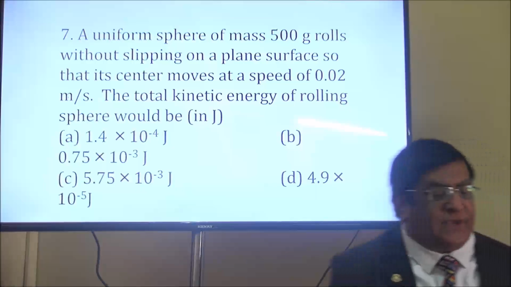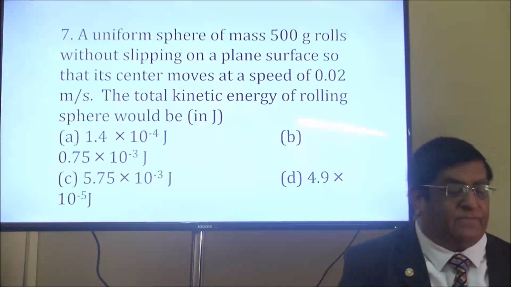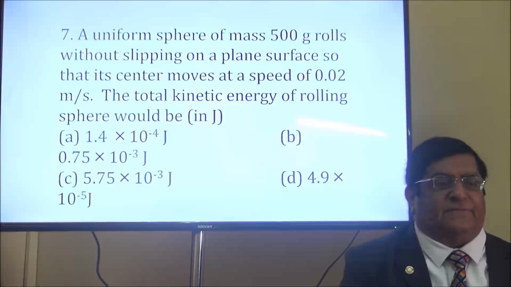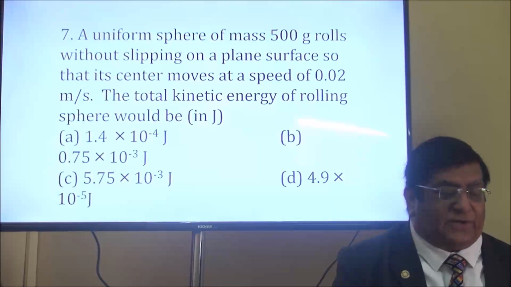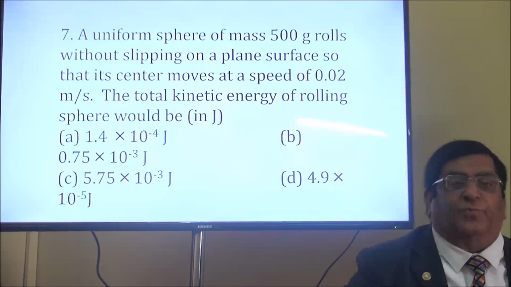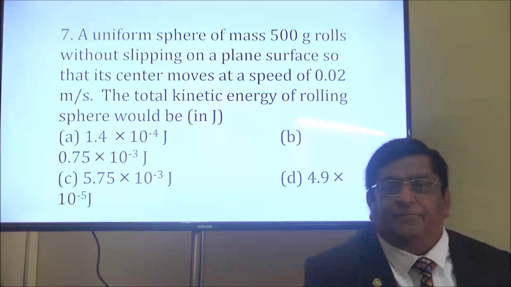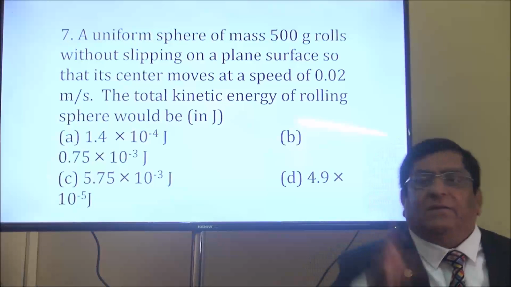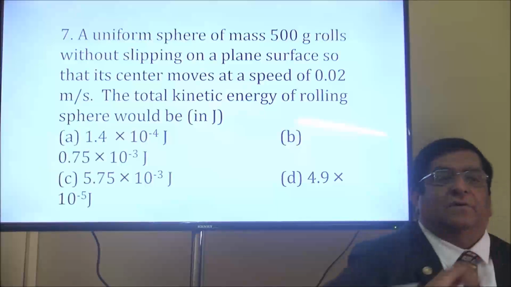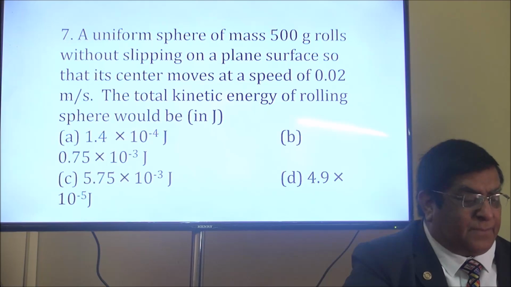A uniform sphere of mass 500 gram rolled without slipping on a plane surface. On a plane surface, not inclined. Okay, so that its center moves at a speed of 0.02 meter per second. What type of motion is this? Rolling motion, and that wheel is moving, linear velocity is given to us, 0.02 meter per second.